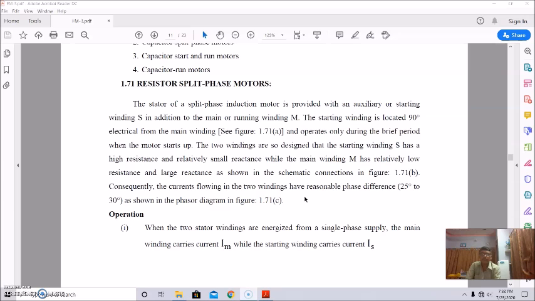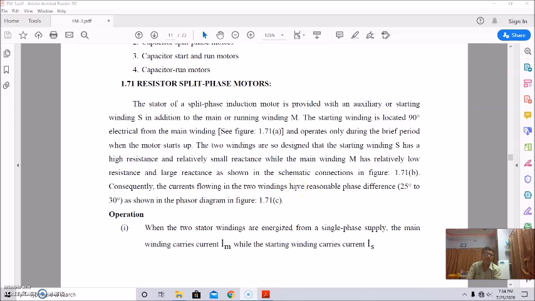The stator of a split phase induction motor is provided with an auxiliary or starting winding, say S, in addition to the main or running winding, say M. The starting winding is located 90 degrees electrical from the main winding, and operates only during the very brief period when the motor starts up.